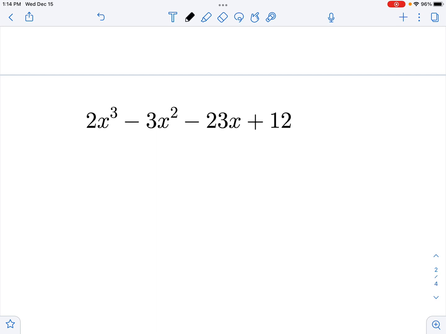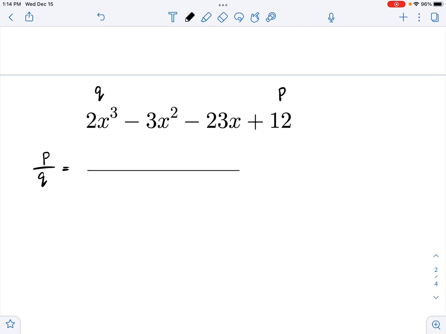So the rational roots theorem tells me that if I designate this here P and this here Q, then if this function has any rational roots, they will be in the form P over Q, where P are the factors of 12 and Q are the factors of 2.